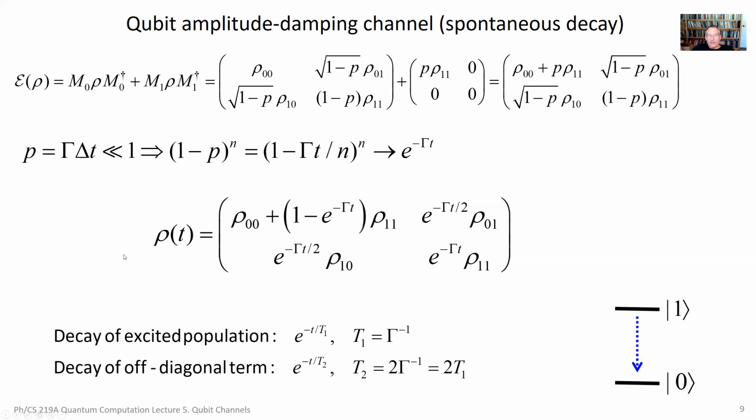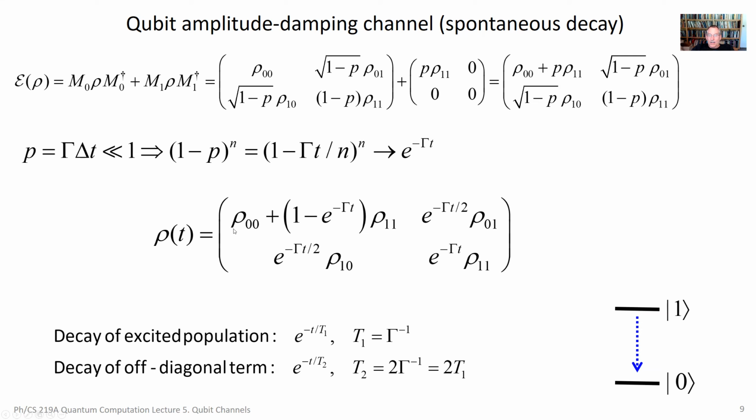So when you put it all together, if we start out with an initial density operator with entries rho 0,0, rho 0,1, rho 1,0, and rho 1,1, after time t, the 1,1 component has been suppressed by the exponential factor e to the minus gamma t. The off-diagonal components 0,1 and 1,0 are both suppressed by e to the minus gamma t over 2.